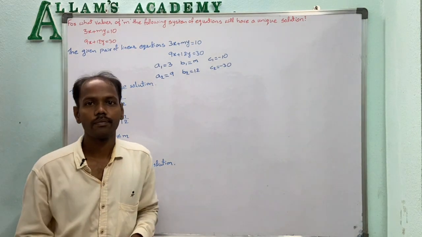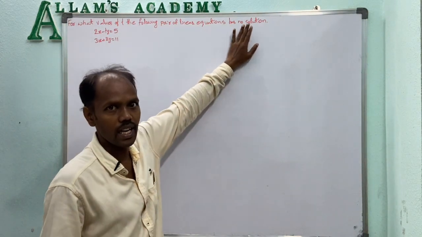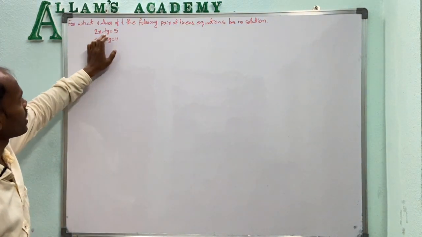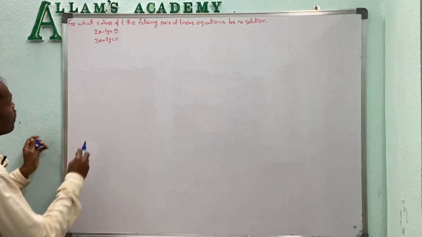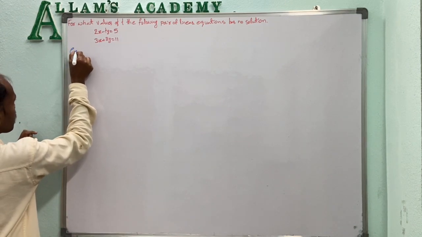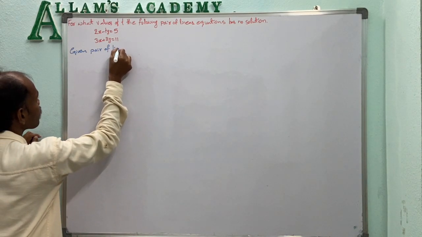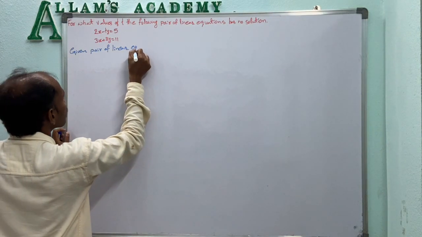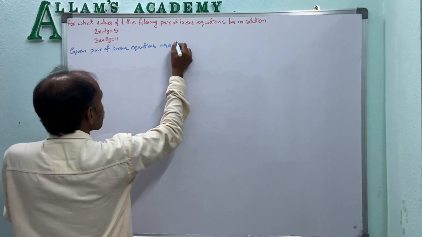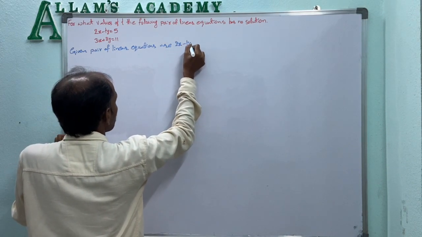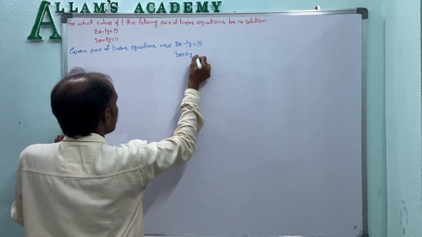For what values of t does the following pair of linear equations have no solution? 2x minus ty equal to 5, 3x plus 2y equal to 11. First the given equations are 2x minus ty equal to 5 and 3x plus 2y equal to 11.